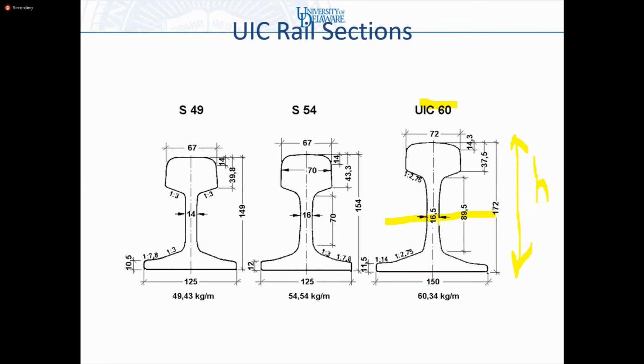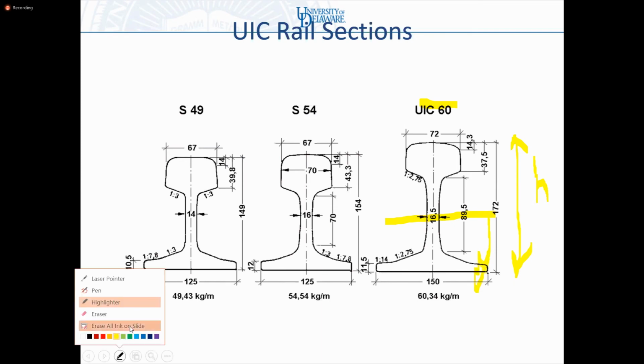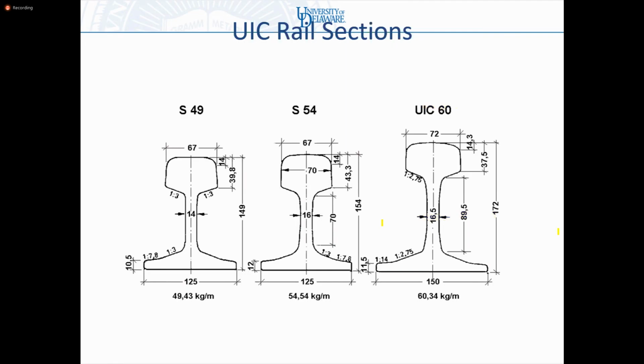C is the distance between the base of the rail and the neutral axis.